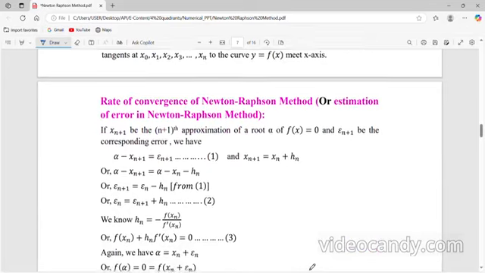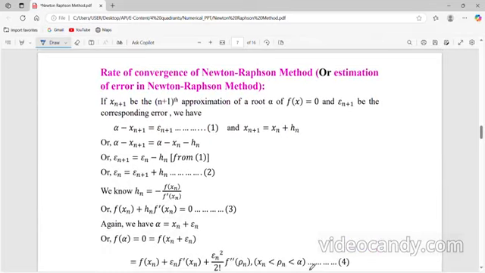Next is the rate of convergence of the Newton-Raphson method, or estimation of error in the Newton-Raphson method. If xn plus 1 is the n plus 1th approximation of the root alpha of f(x) equals 0 and epsilon n plus 1 is the corresponding error, we have alpha minus xn plus 1 equals epsilon n plus 1.